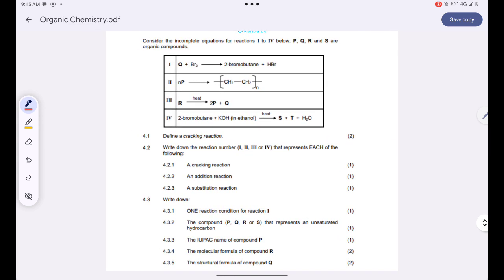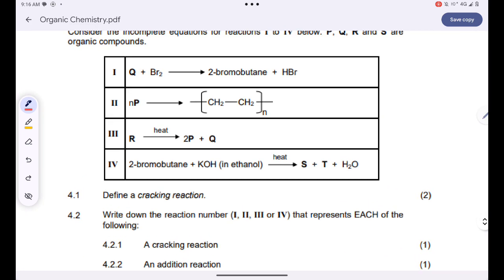Consider the incomplete equation for reactions 1 to reaction 4 below. P, Q, R, and S are organic compounds. For the first reaction, we are reacting compound Q, which is an organic compound, with bromine, and then our final product will end up having 2-bromobutane as well as HBr. Are you together?